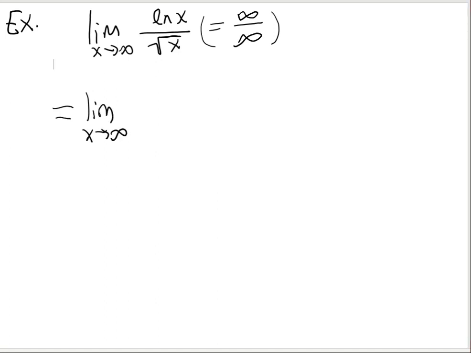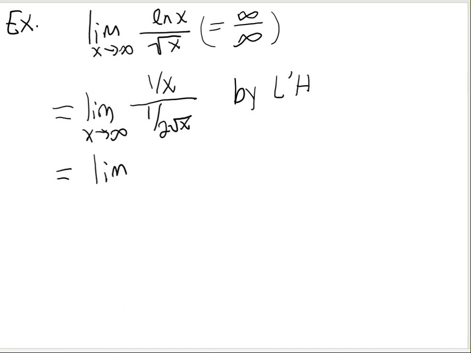So by L'Hopital's rule, you get 1 over x over 1 over 2 square root of x. And this is a fraction that I can simplify a little bit. 1 over x times 2 root x over 1.